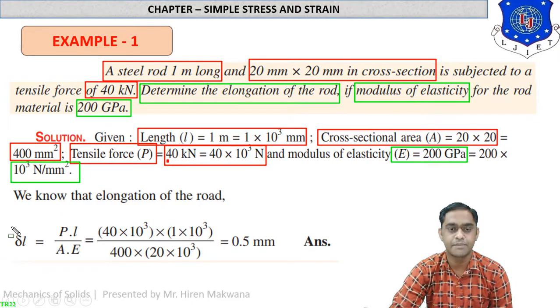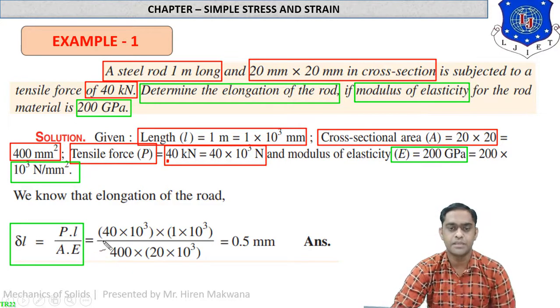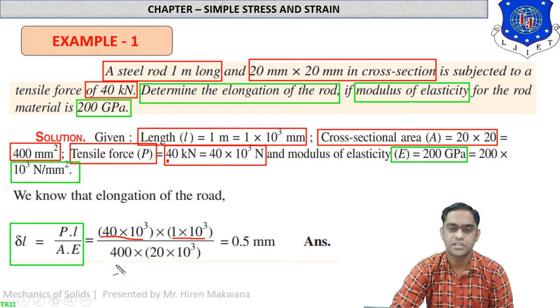So let us start with the formula. Very simple example. Delta L is equal to PL by AE. Just replace the values over here. What is P? P is equal to 40 kilonewton, means 40 into 10 raised to 3. What is length given to you? 1 meter, means 1 into 10 raised to 3 mm. Cross-sectional area is 400 and Young's modulus is 200 into 10 raised to 3. Must note, here it is 200 into 10 raised to 3.